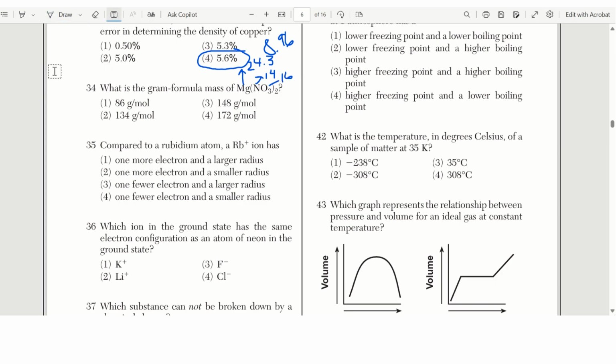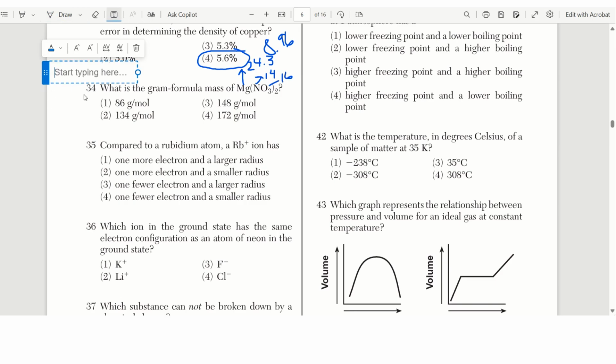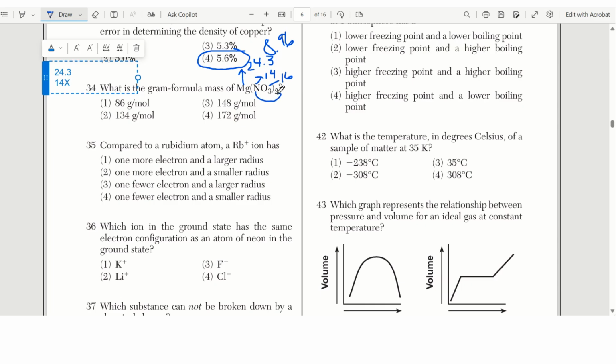So the magnesium was 24.3, and there's one of them. Perfect. Nitrogen is 14, but how many nitrogens are there? Well, one inside the parentheses, right? Times the 2 outside. So for nitrogen, there are 2 nitrogens.